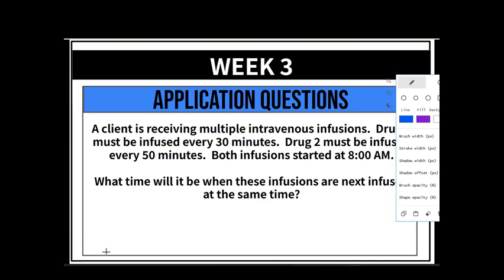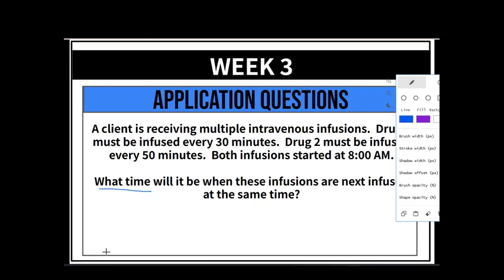All right, perfect. So we've got a very similar question here. Same scenario. Drug 1 must be infused every 30 minutes, and drug 2 must be infused every 50 minutes, and both infusions started at 8 a.m. This question wants to know what time will it be when these infusions are next infused at the same time. So instead of our answer being in minutes, it's going to be looking at time.